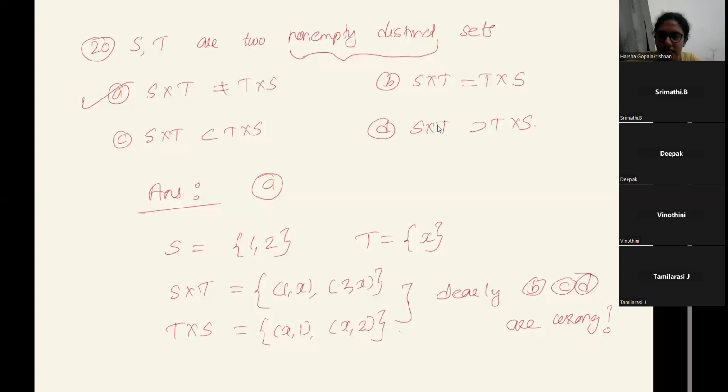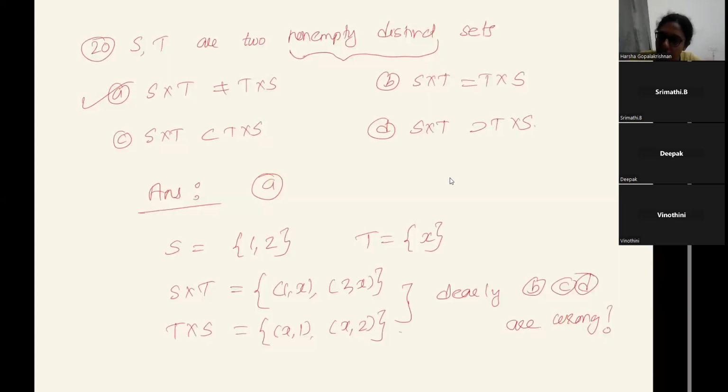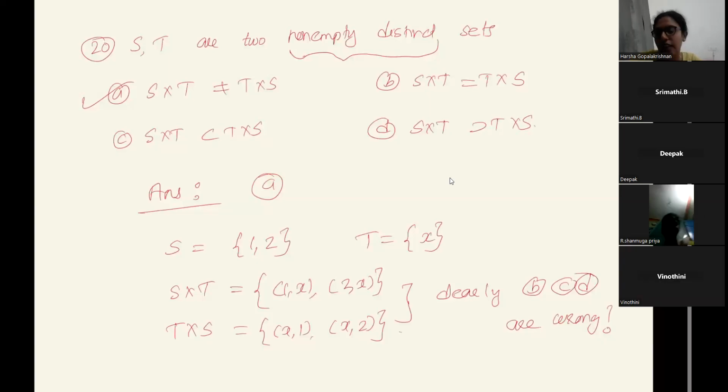The definition says if there is an element in A, then it should be in B. In the empty set there is no element, so it is trivially true actually. If there is an element, then only we need to check the condition. If there is no element, there is nothing to check.